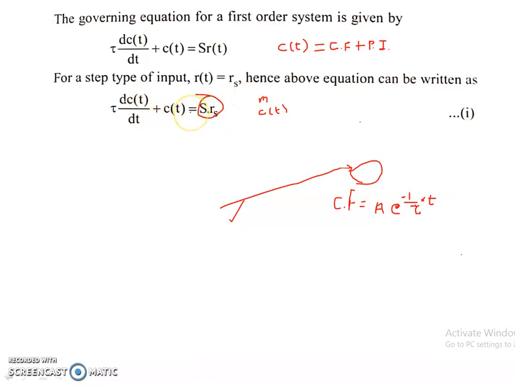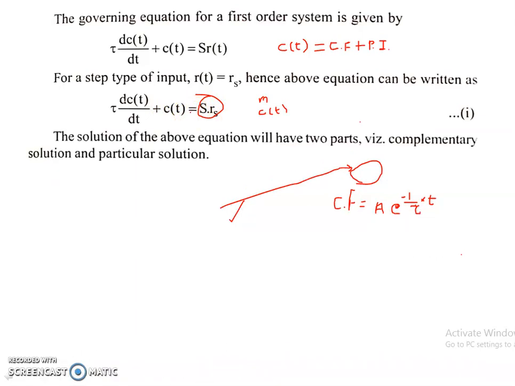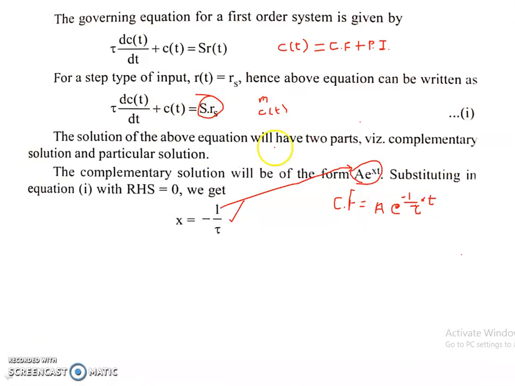So on putting all these values, we get x is equal to minus 1 by tau. The Cf of this type of ordinary differential equation is given by a e to the power xt, and when we put x is equal to minus 1 by tau, we get Cf is equal to a e to the power minus 1 by tau into t.